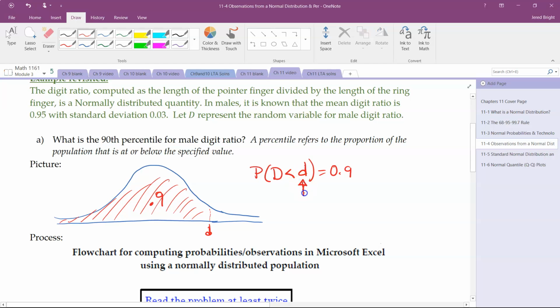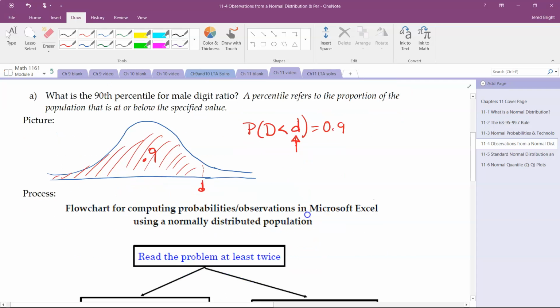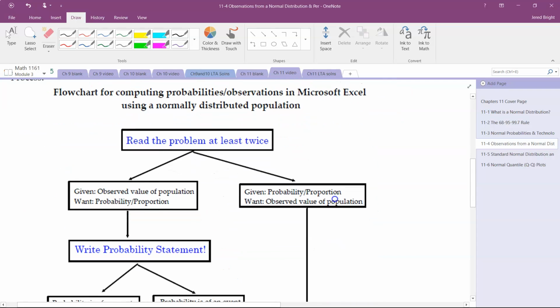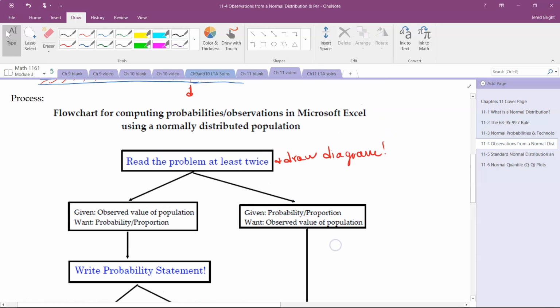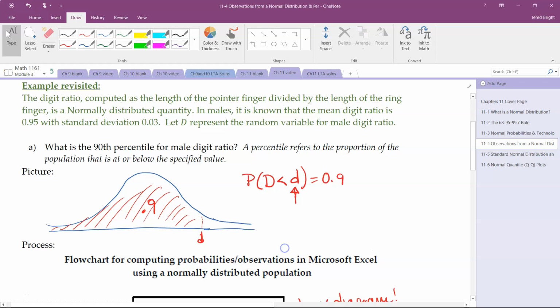But again, it won't fall on a standard deviation line because, no matter how you work it, it's not going to shake out to give you 90% with those standard deviation lines. So then we go to our flow chart. We've seen this. Read the problem and draw a diagram. That is good. Now I need to back up and say, what am I given?